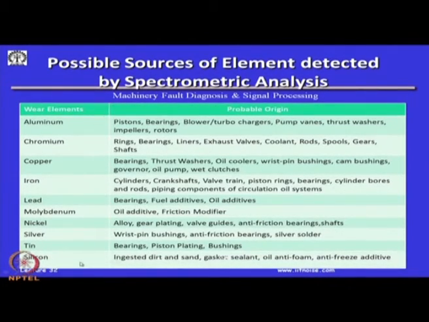And when I say silicon, I know it is ingested dirt, sand, sometimes gasket sealants, oil, antifoam, antifreeze additives. So, these will be known to us from the original designer, to know the material of the element and then look out for these. Sometimes, in many machines which are just available to us, the material composition is not known to us.